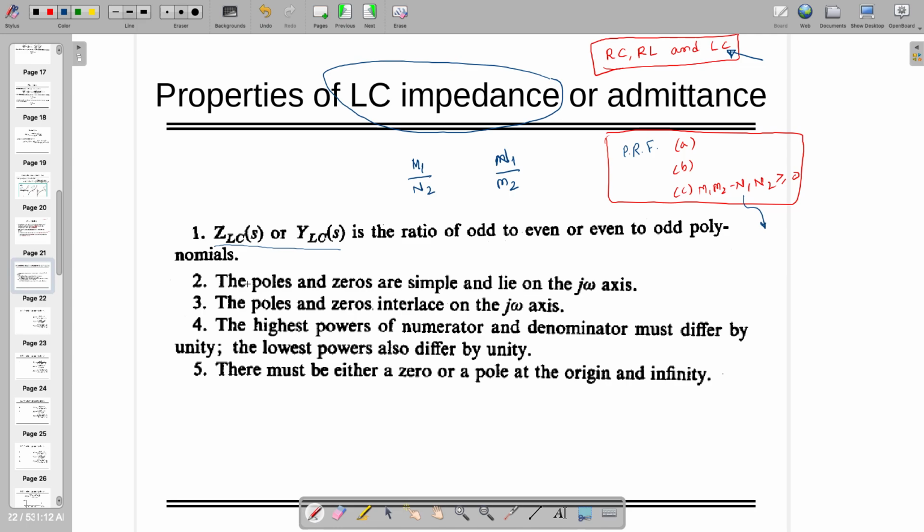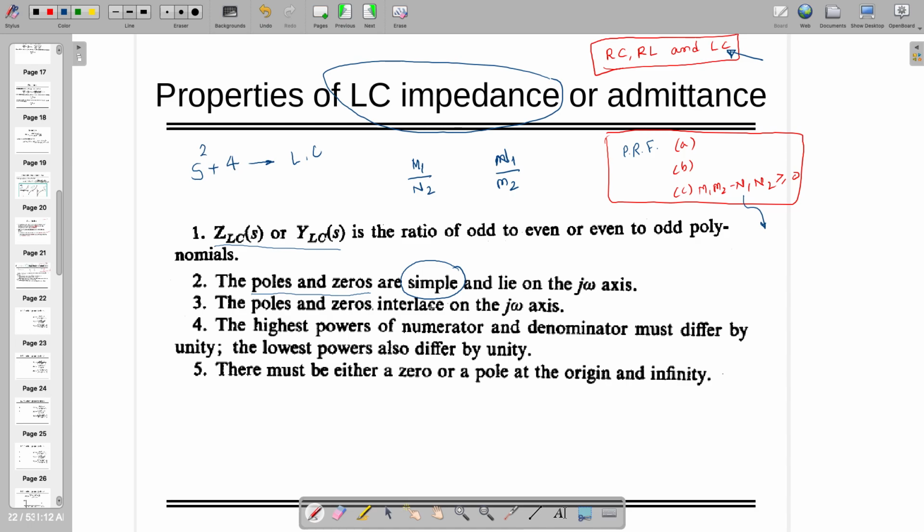Second part says, which is already known to us, poles and zeros have to be simple and should lie on the j omega axis. When we are saying simple, it's like s square plus 4. The roots are plus or minus j 2 omega, means this is lying on the j omega axis. It does not have any real part, means you can realize this with L or C. This is the meaning of this, when it has only and only imaginary part.